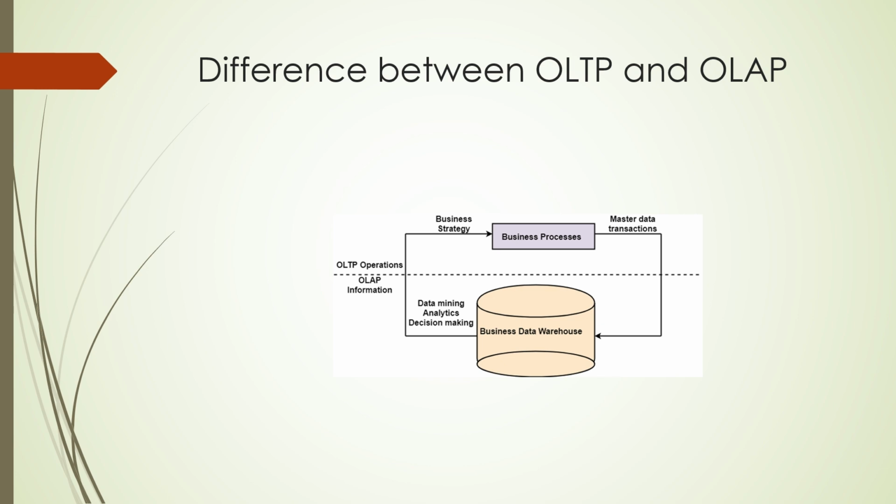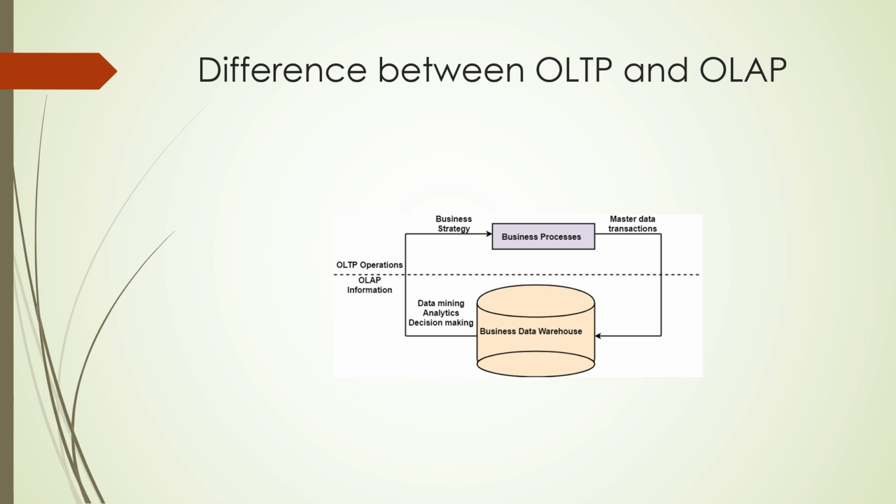The queries are very difficult and involve organizations. For OLAP operations, the response time is an effective measure. OLAP applications are generally used for data mining techniques. In this OLAP database, historical information is stored in multi-dimensional schemas.